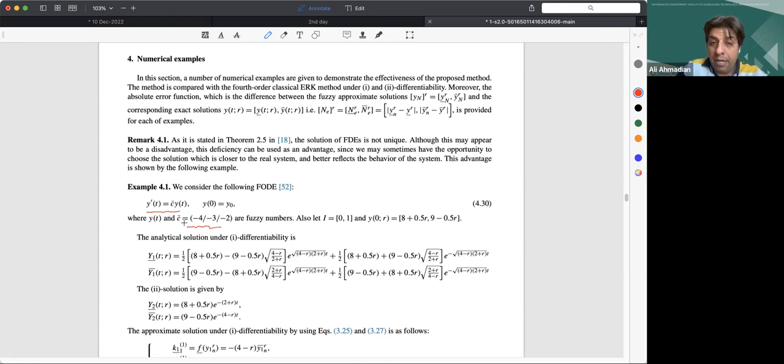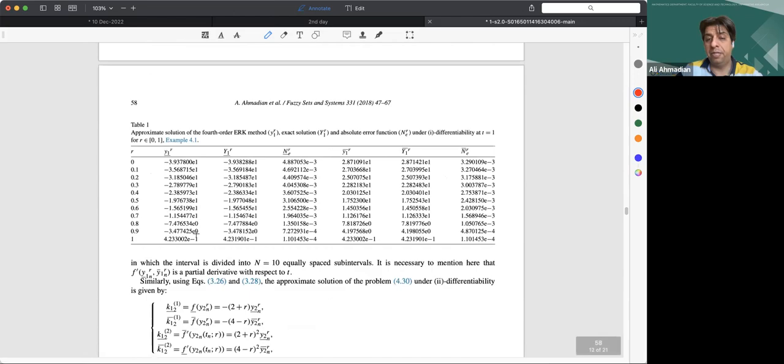If the right side of the equation is multiplied by a negative fuzzy number, then the output has a very wide length, increasing, or tells us we have an increased value of uncertainty. We want to control the uncertainty using the Seikkala differentiability.